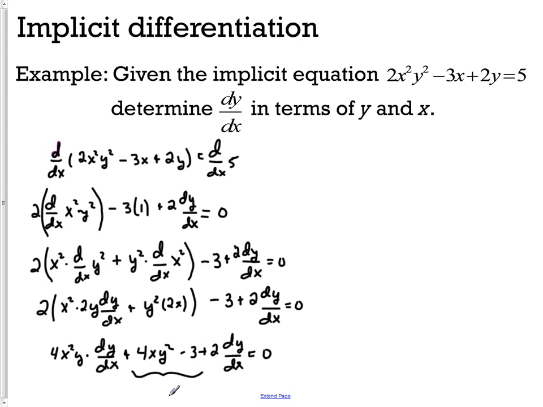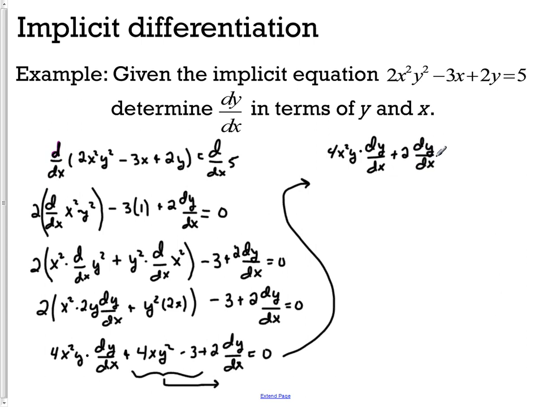And so our next step is to isolate our dy dx terms and this time we'll move the non-dy dx terms to the other side by addition or subtraction. So we're going to get a new expression. It'll look like this. In our equation, we balance it and we say 4 times x squared y times dy dx plus 2 times dy dx will equal 3 minus 4xy squared.